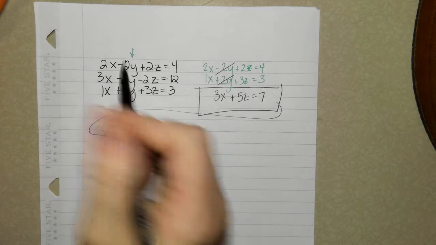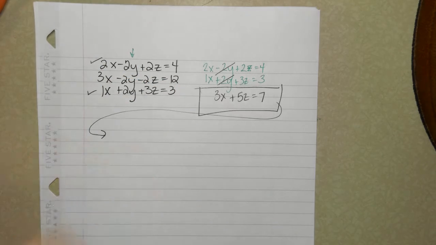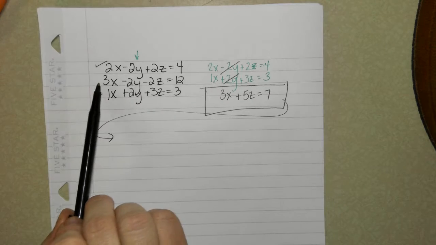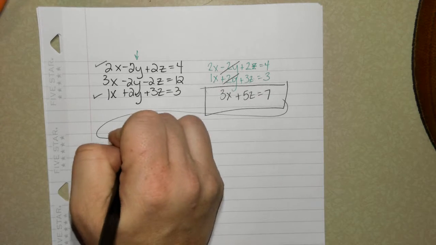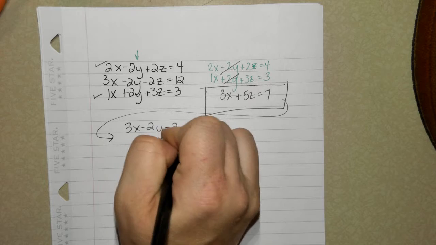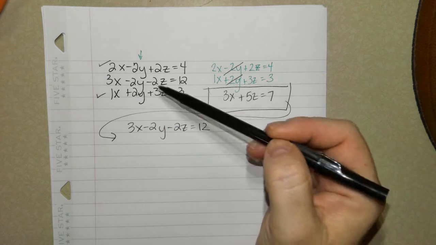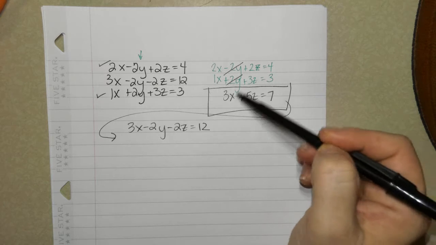Okay, now I've already used the first and I've used the third. I need to go back to the first three original problems and choose the equation that I have not used, which happens to be the second one. Okay, so I still need to continue with the idea of eliminating the y.